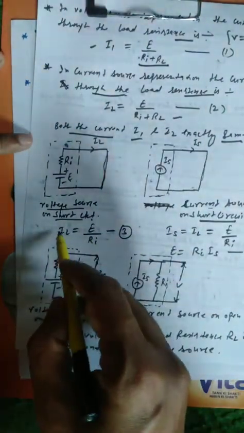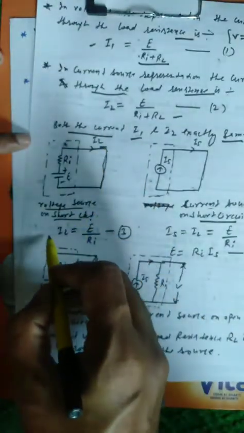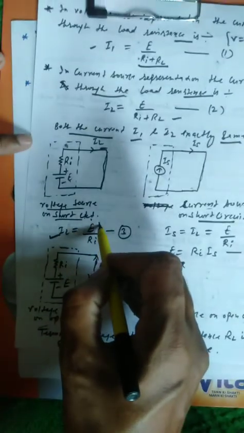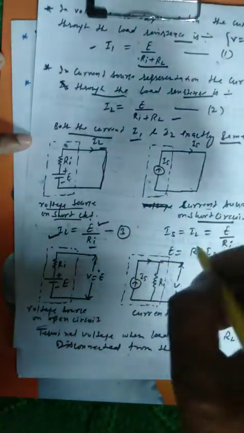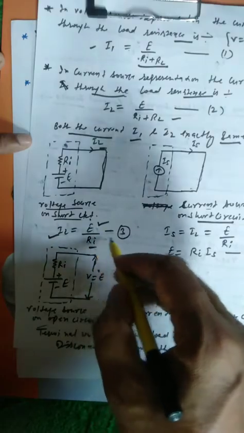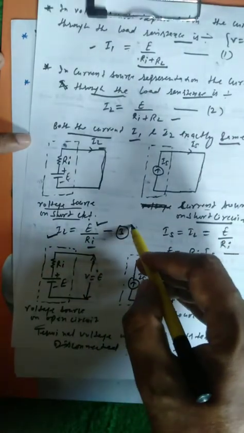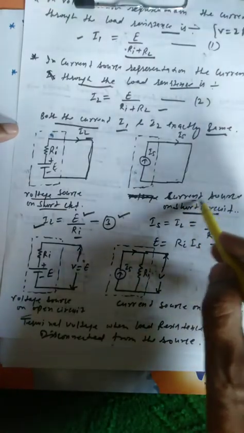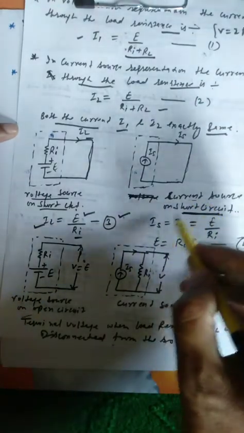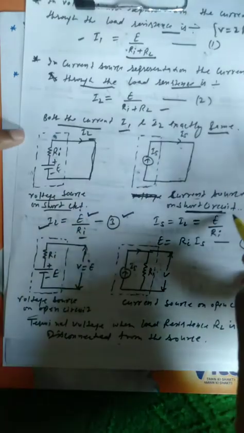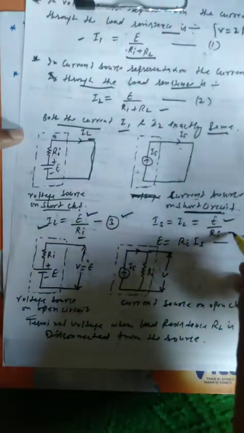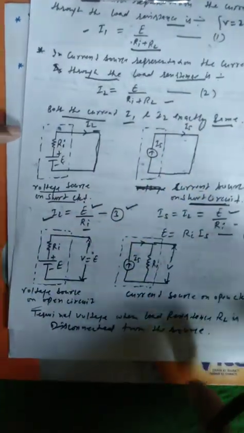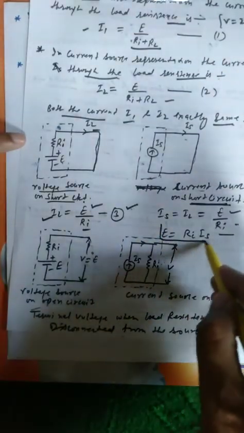So we can calculate the load current IL is equal to voltage upon resistance, that is E upon Ri, and we take this as equation number 3. And in case of the current source on short circuit, Is is equal to IL, which is the same value, that is E upon Ri, and it is taken as equation number 4.